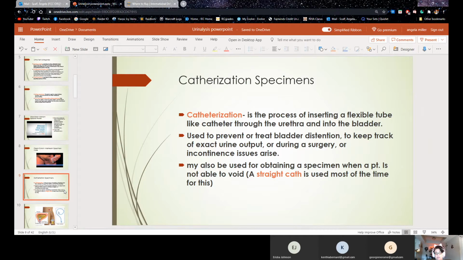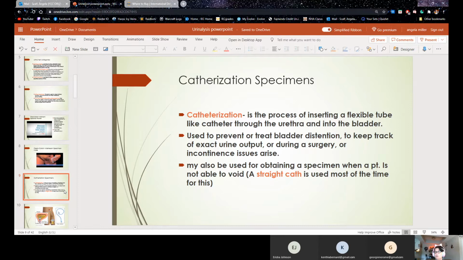Next, we're going to talk about catheterization. Now, when we catheterize someone, this means that we are inserting a small, flexible, usually some type of plastic-like catheter, and it's inserted into the urethra, and it's lubricated and specially designed for the urethra, and there are different sizes.